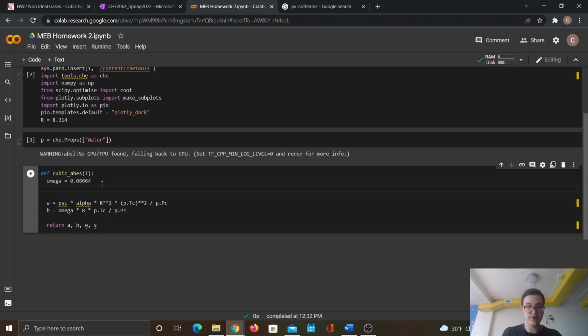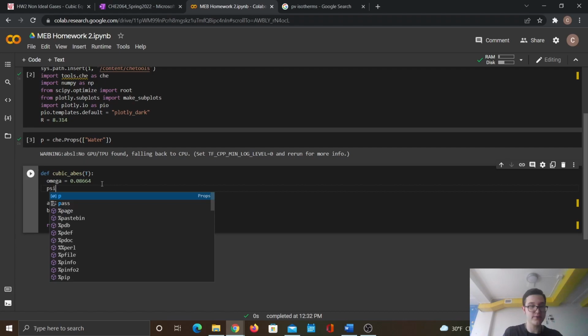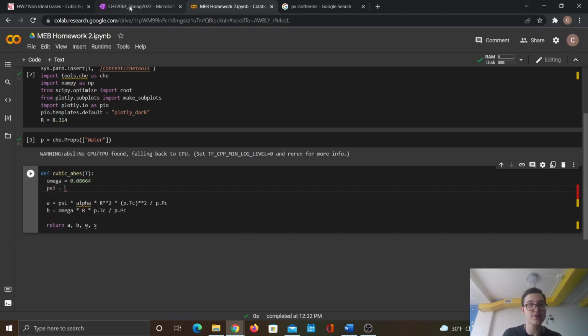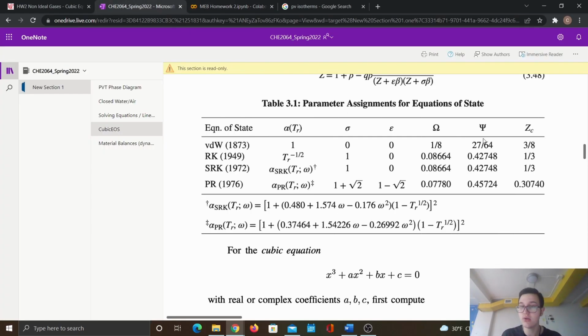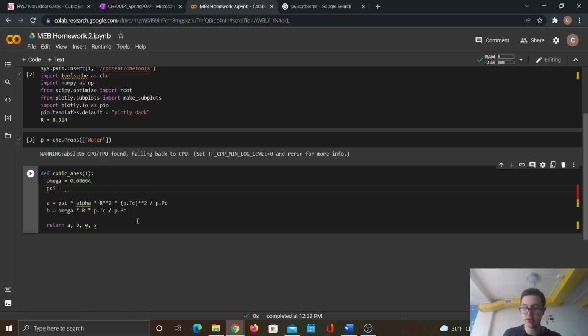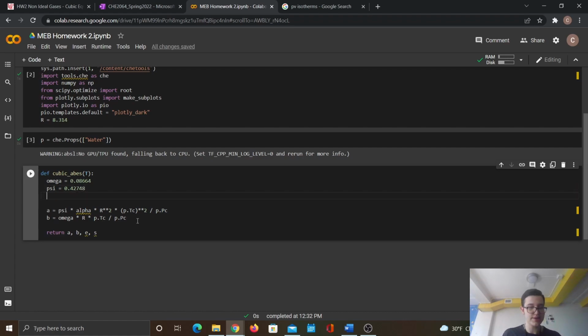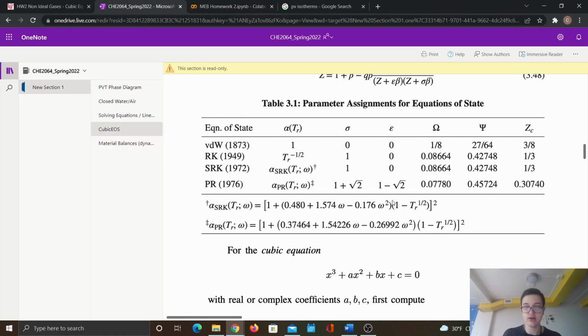So we're also going to do psi, because that is another fixed value. So psi is equal to, here, SRK, 0.42748. Next, let's find alpha. So alpha is the larger equation. It's down here.